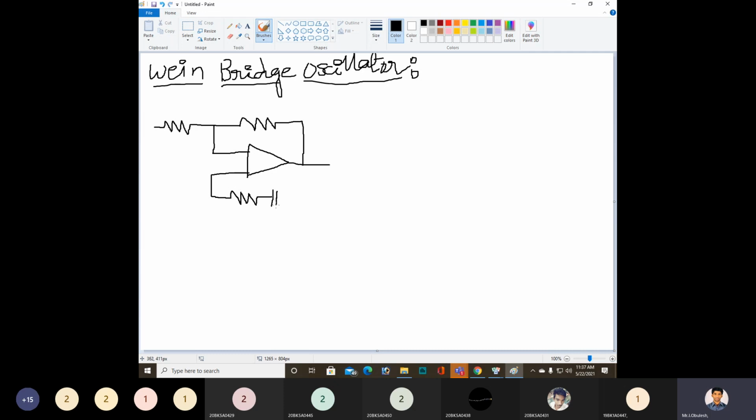Here you need to draw the resistor and capacitor, RC.